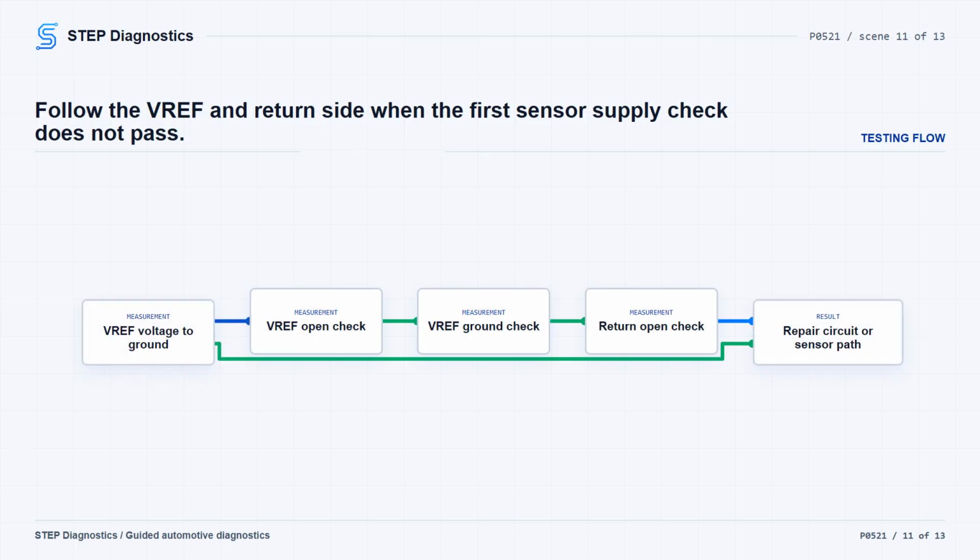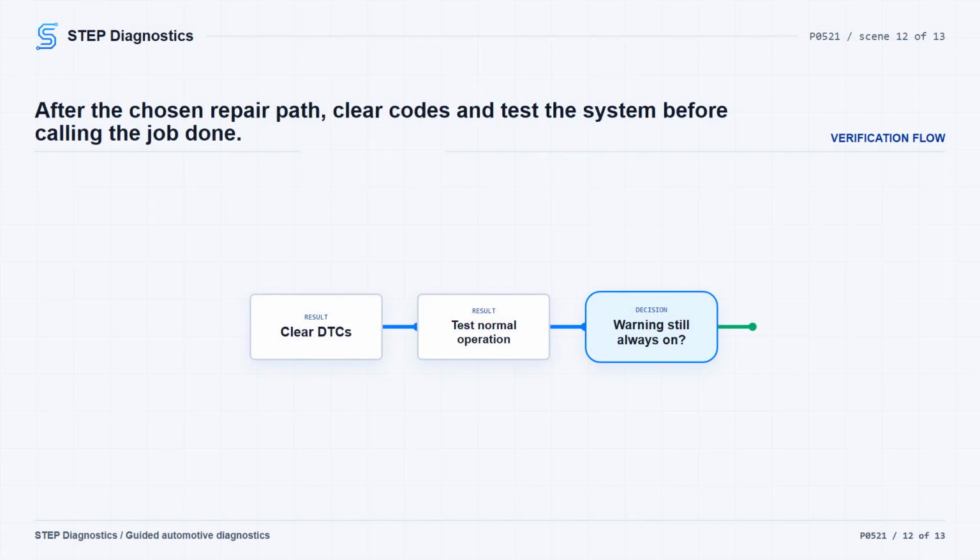If resistance is less than 3 ohms, the path calls for installing a new engine oil pressure sensor, clearing the codes, and testing the system for normal operation. If it is not less than 3 ohms, repair the circuit. If the low engine oil pressure warning is still always on afterward, stop and continue with the appropriate engine oil pressure diagnosis. Keep verification separate from the circuit testing.